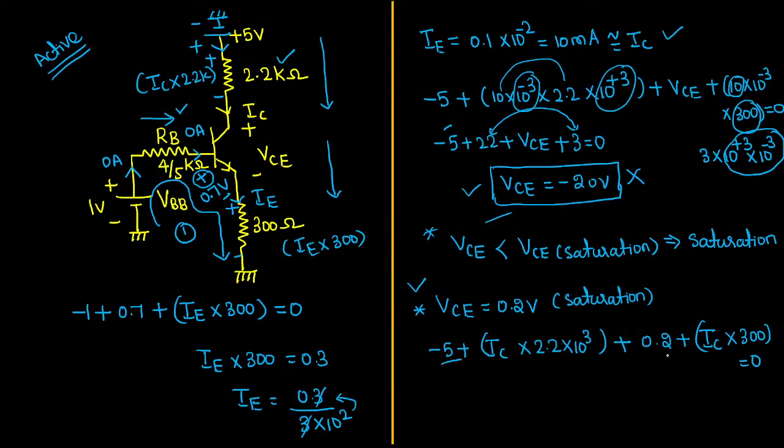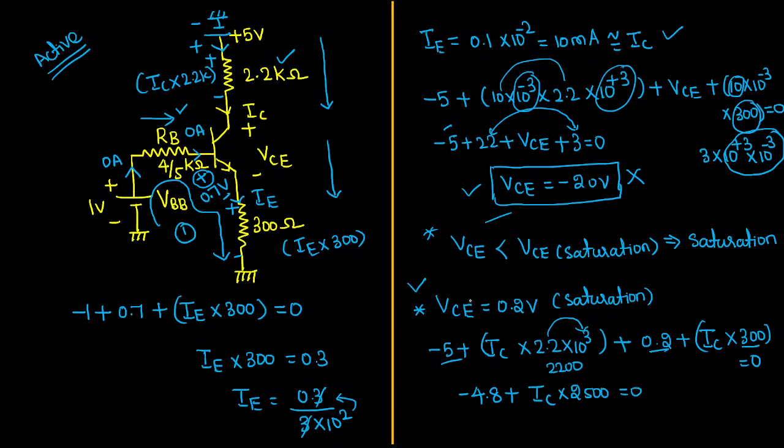See, minus 5 plus 0.2 will give you minus 4.8. Yes, plus 2.2 into 10 power 3, this can be written as 2200. Here we have 300. 2200 plus 300 will become 2500 times of collector current. So IC into 2500 will be equal to 0.